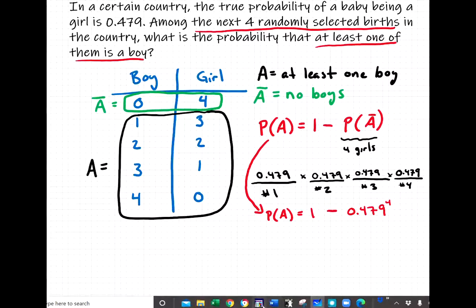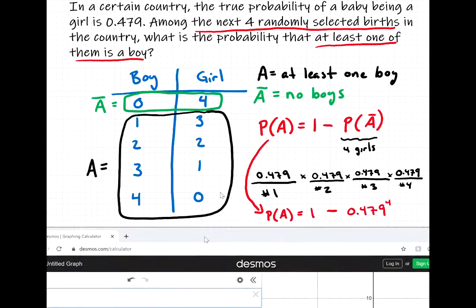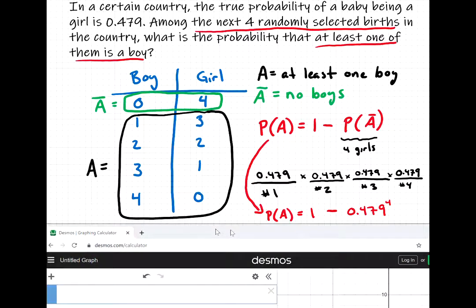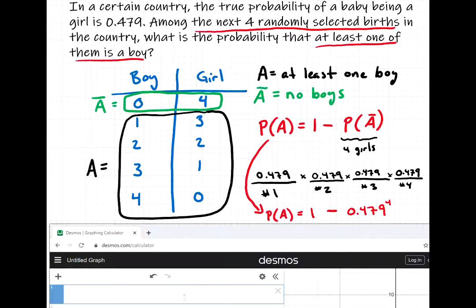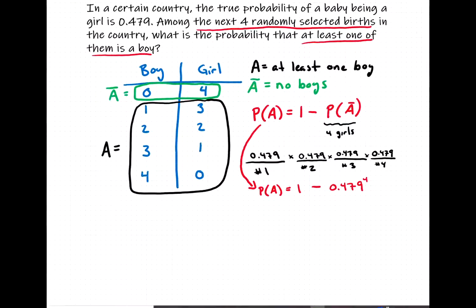I'm going to bring up Desmos, the Desmos calculator. So that's 0.479 raised to the power of 4.